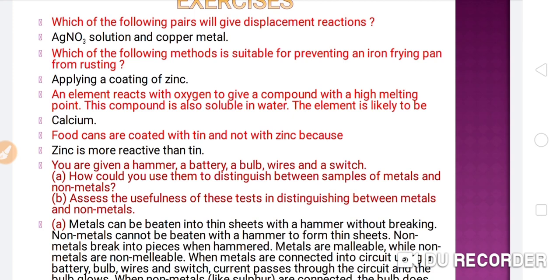Why? Because zinc is more reactive than tin, so that is the reason why we are not using zinc. We are using only tin.